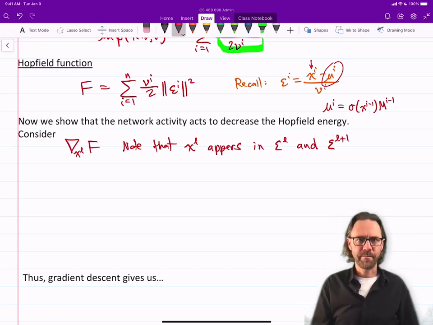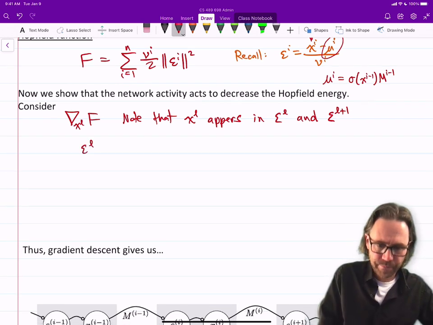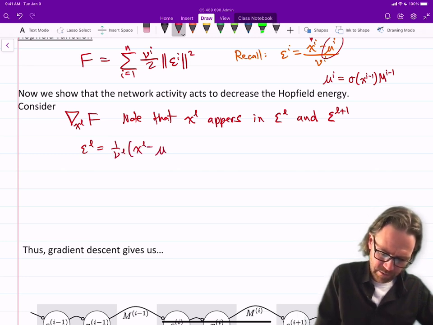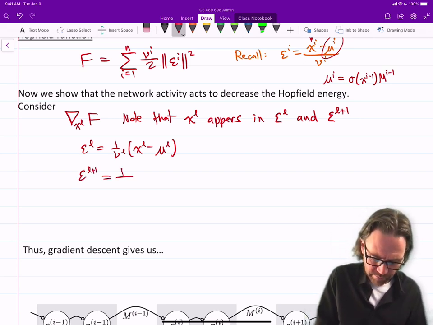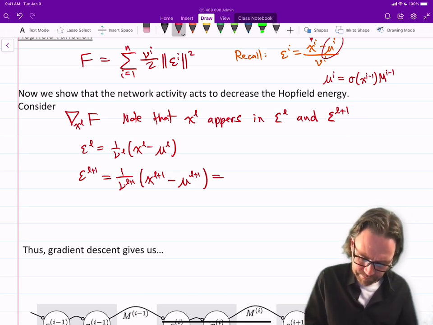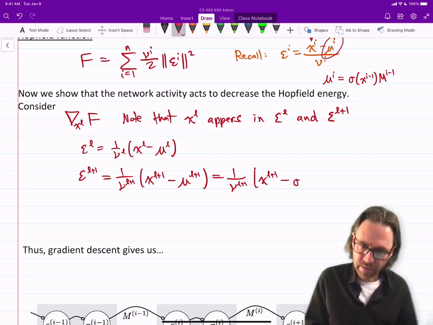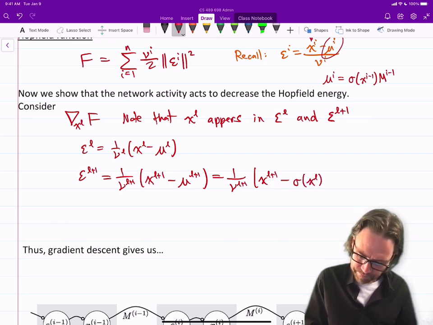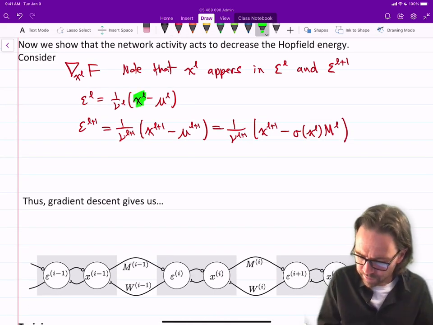So epsilon l is 1 over eta l times (xl minus mu l). Epsilon l plus 1 is 1 over eta l plus 1 times (x l plus 1 minus mu l plus 1). But the mu l plus 1 is, well, this is what I just wrote up there. So here's our xl and here's our xl.